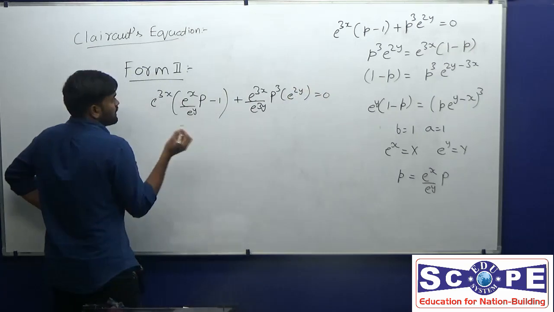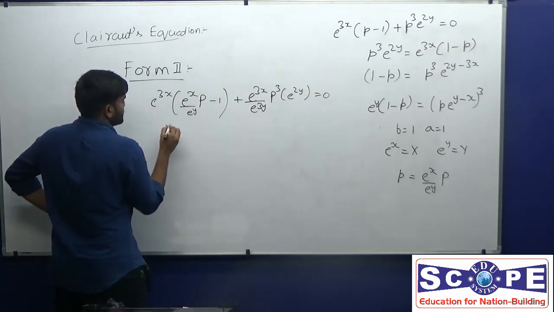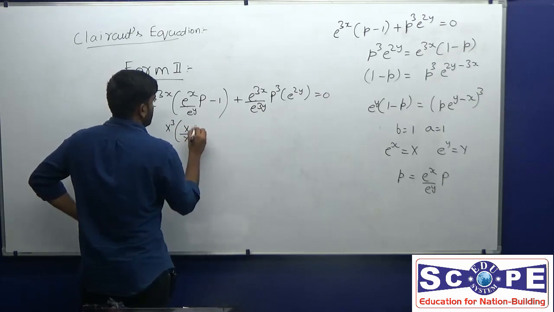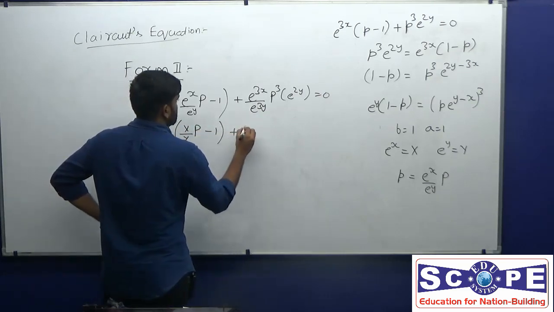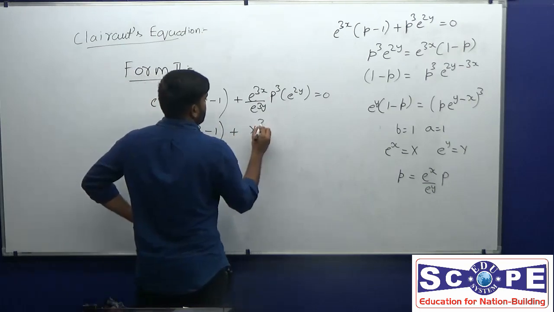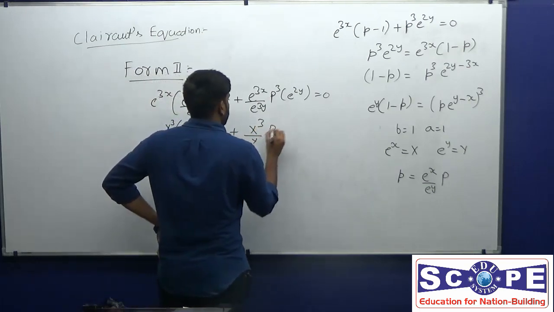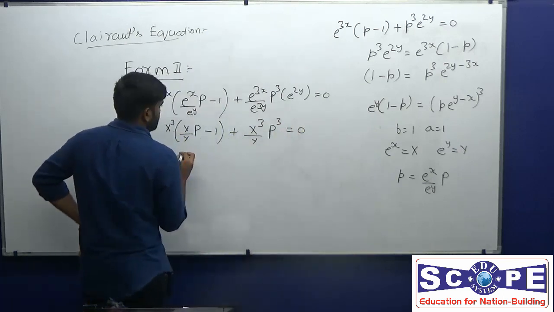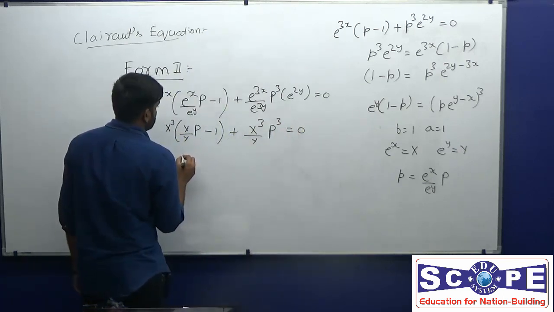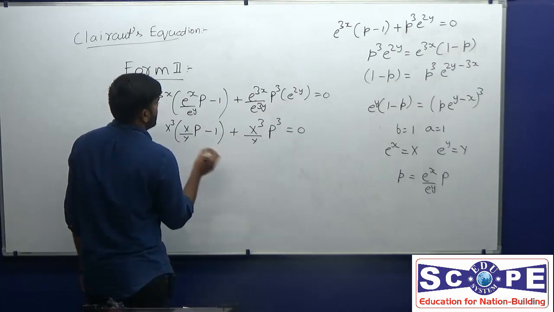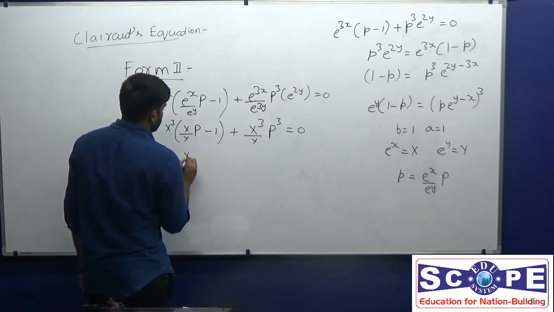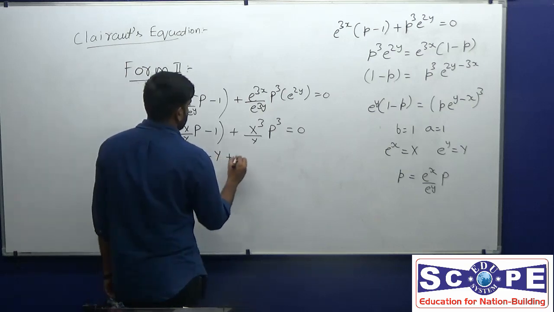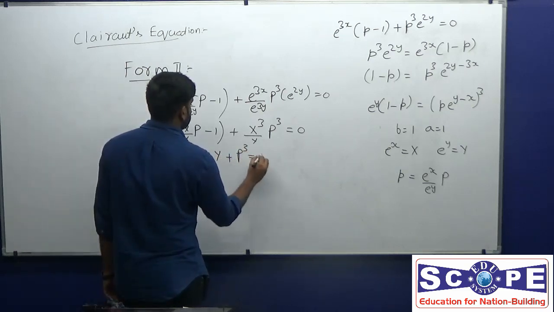If you substitute e power x and e power y as x and y, we will get x cube into x by y p minus 1 plus x cube by y p cube equals 0, which is nothing but, you can eliminate x cube and y terms here. You will write it as xp minus y plus p cube equals 0.